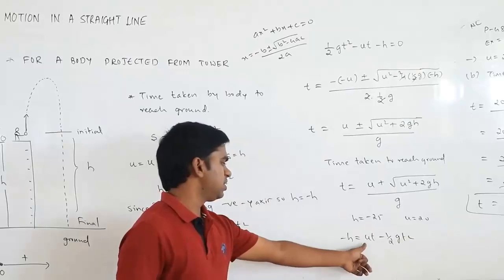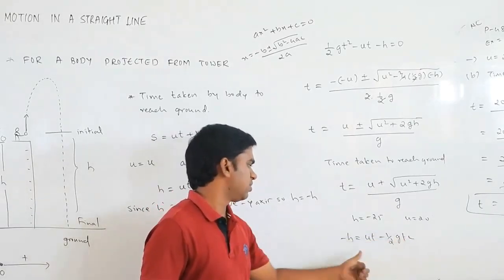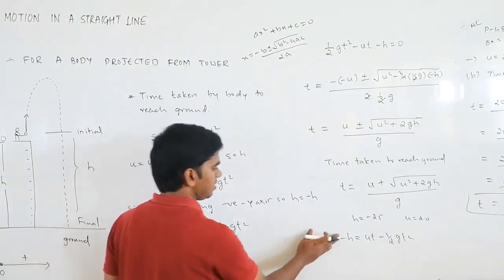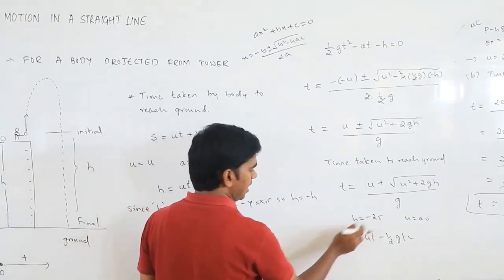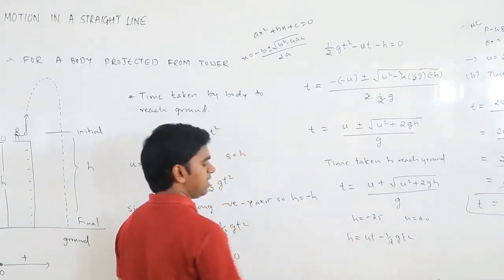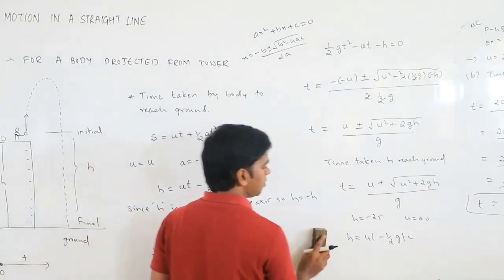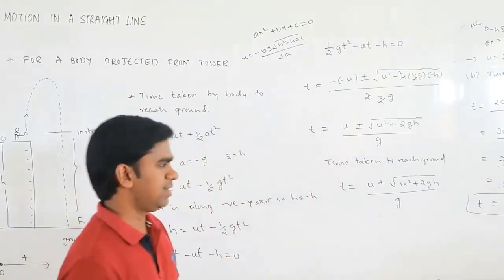Okay. u is given, h is also given. So then gt square. You can just substitute the values. Instead of taking a minus h, you can simply take h. So if you substitute h equals to minus 25, directly you can get here also. But it is better if you go through the standard formula also. However you are comfortable, you can calculate.